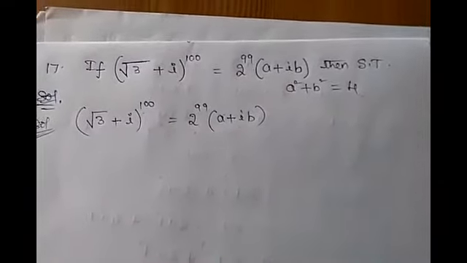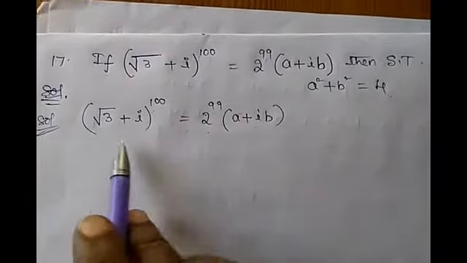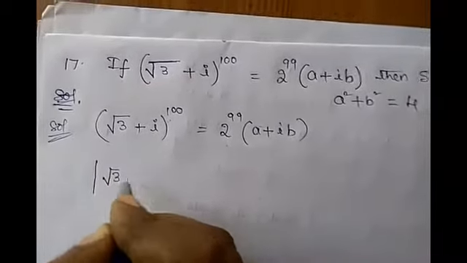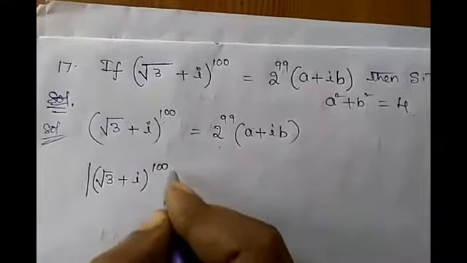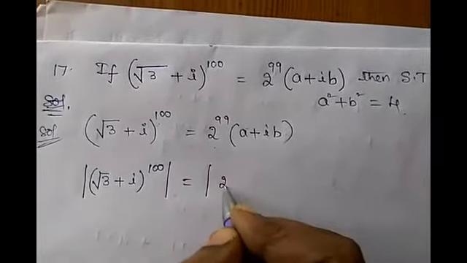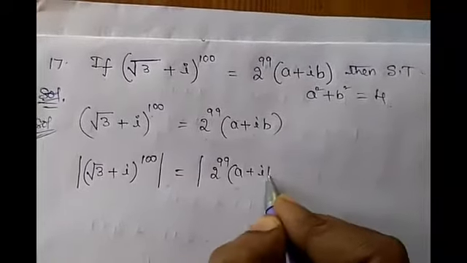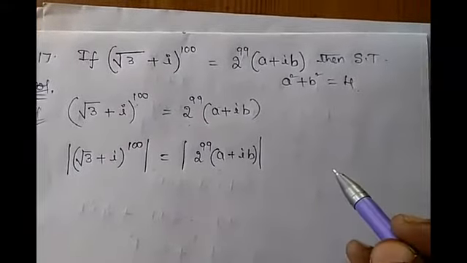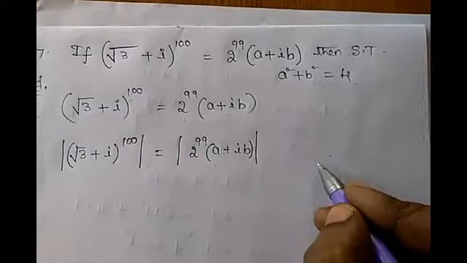For this, take modulus on both sides. Here we are taking modulus on both sides. So modulus of root 3 plus i whole power 100 equal to modulus of 2 power 99 into a plus ib. We have already discussed some properties of modulus. What are the properties of modulus?